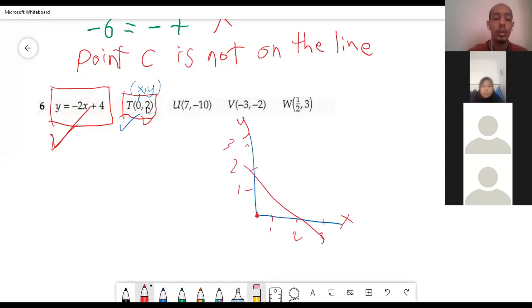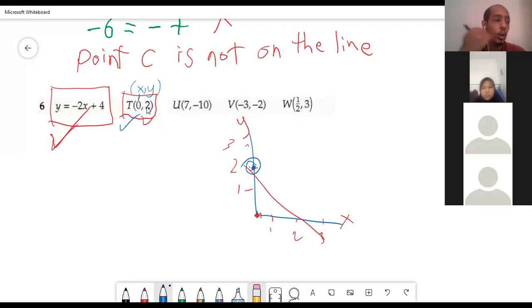What is the point 0 and 2? 0 on x is here, and 2 on y is here, so 0 and 2 is going to be here.